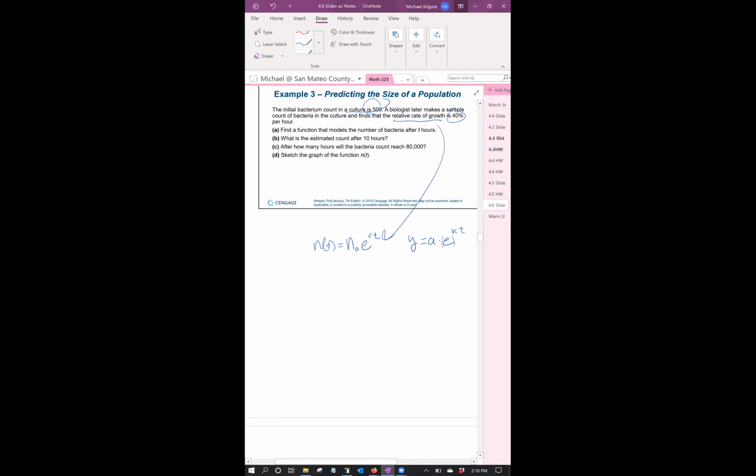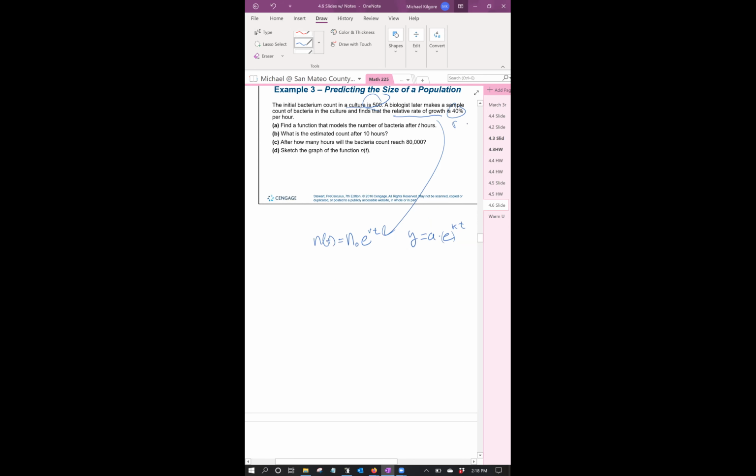Now I can just plug in r equal to 0.4 and my initial value of 500. So my model, N of t, is going to equal 500 times e to the 0.4t. These are all in the exponent, multiplied. So we did that one.